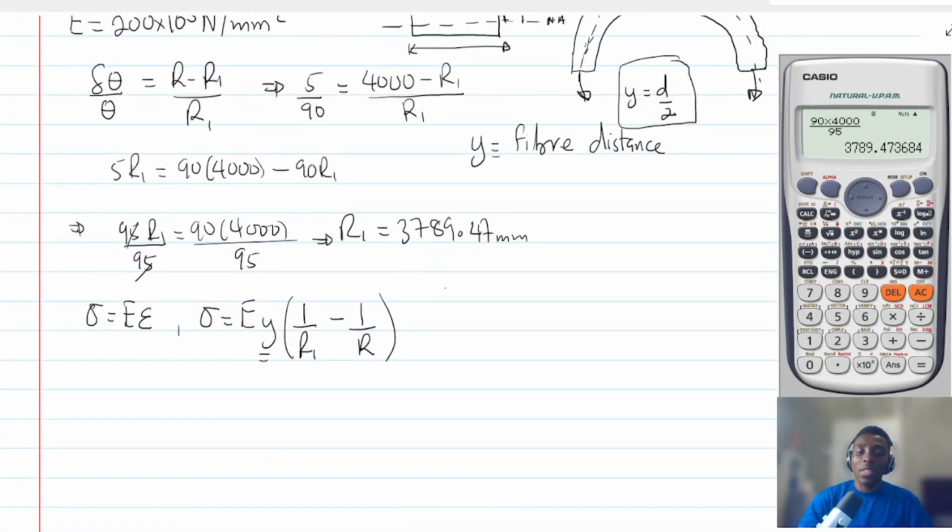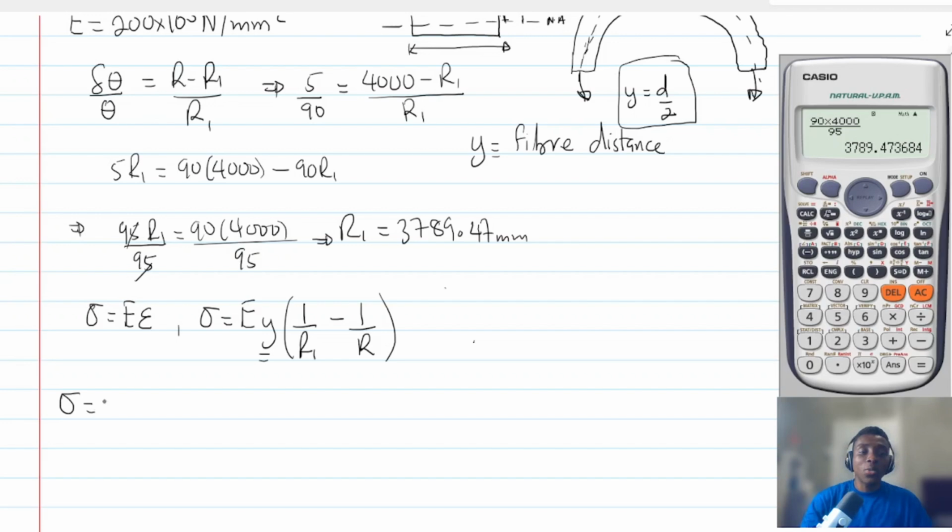I hope the concept is clear. Apart from this concept, the problem is simple, but I just want to explain the y. So the y is the fiber distance, and for a circular cross section, the fiber distance is the radius, or the diameter divided by 2.